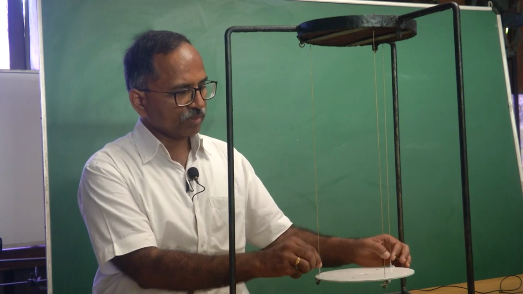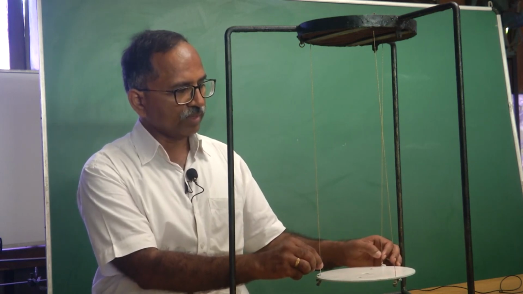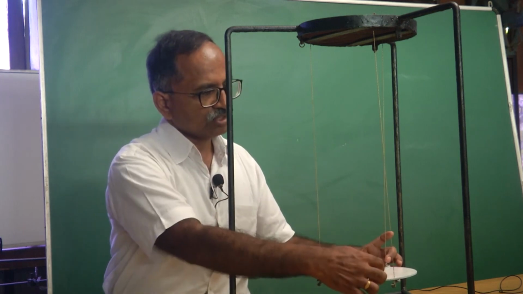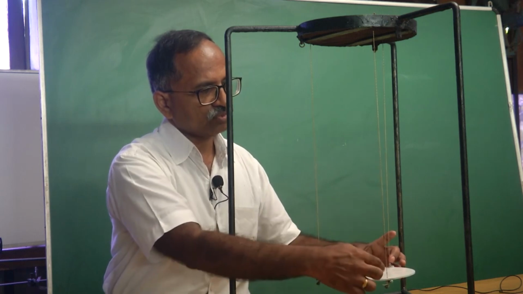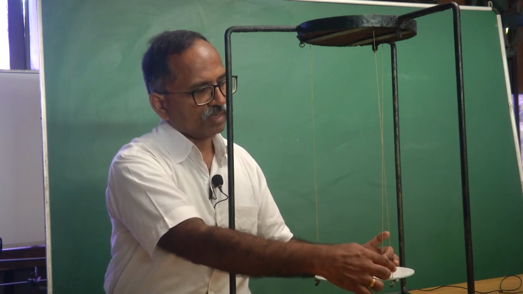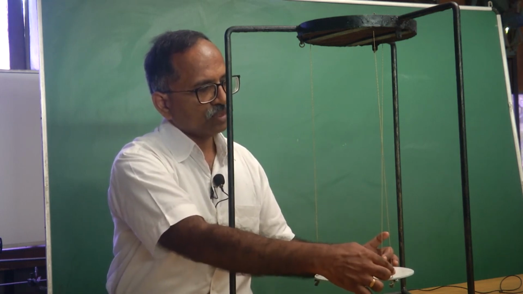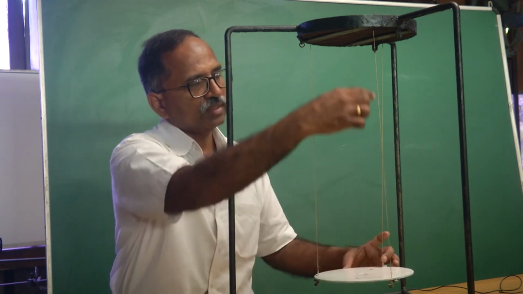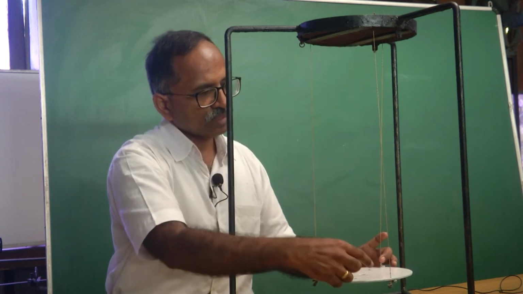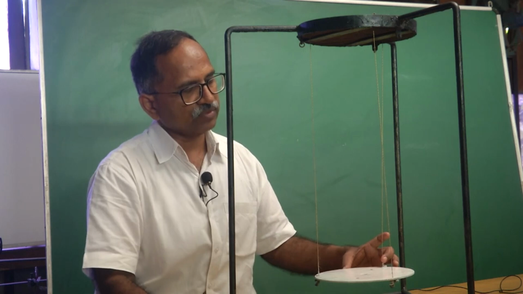The moment I give an angular deflection or an angular swing to the plate, you notice that the string gets shifted from its vertical position to a slightly inclined position, and the distance between the two points becomes larger.